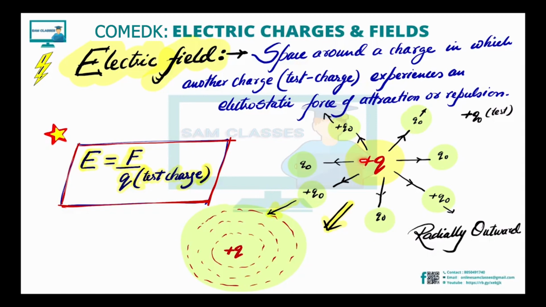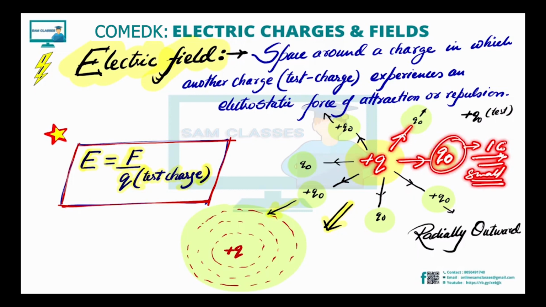For a positive charge, we know the electric field lines are outward. Why? Because whenever you bring a test charge, and we always bring a test charge of almost 1 unit, which is very, very small so that it doesn't disturb this charge, it gets a force outward, because positive and positive repel each other.